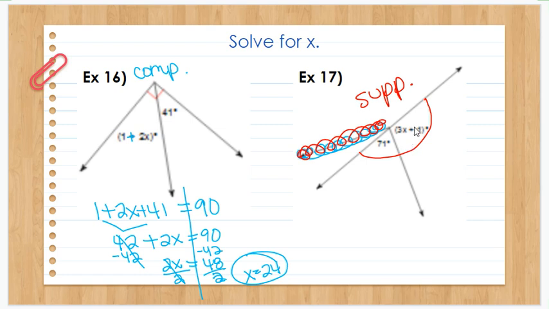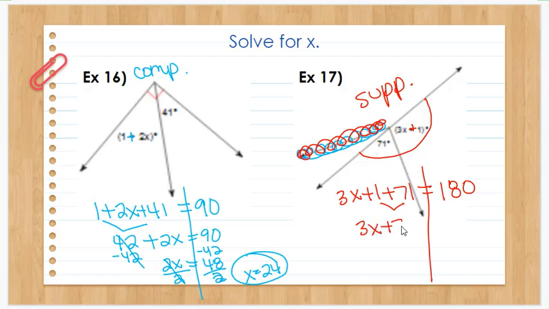So that means this angle plus this angle. Let's write that: 3x plus 1, that's a plus sign, plus 71 together equal 180. All right, so let's combine like terms. 3x plus 72 equals 180. Subtract 72 from both sides.